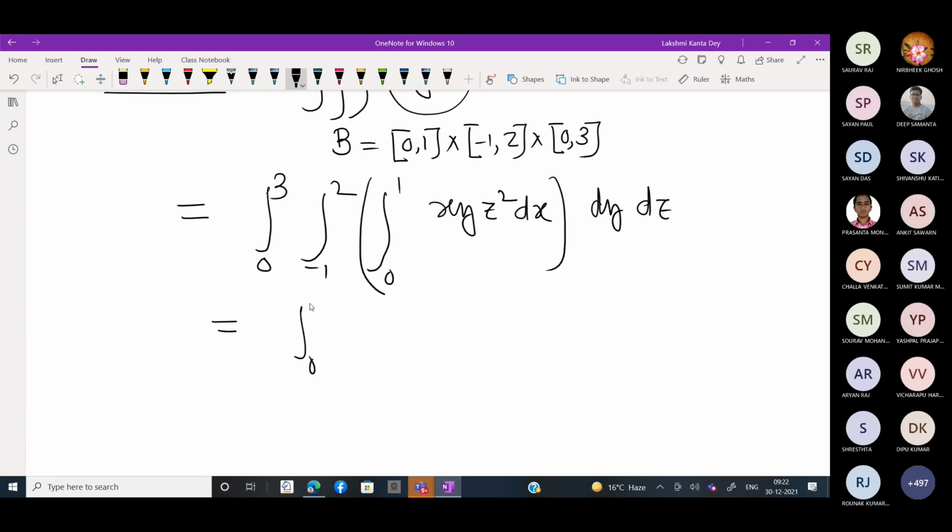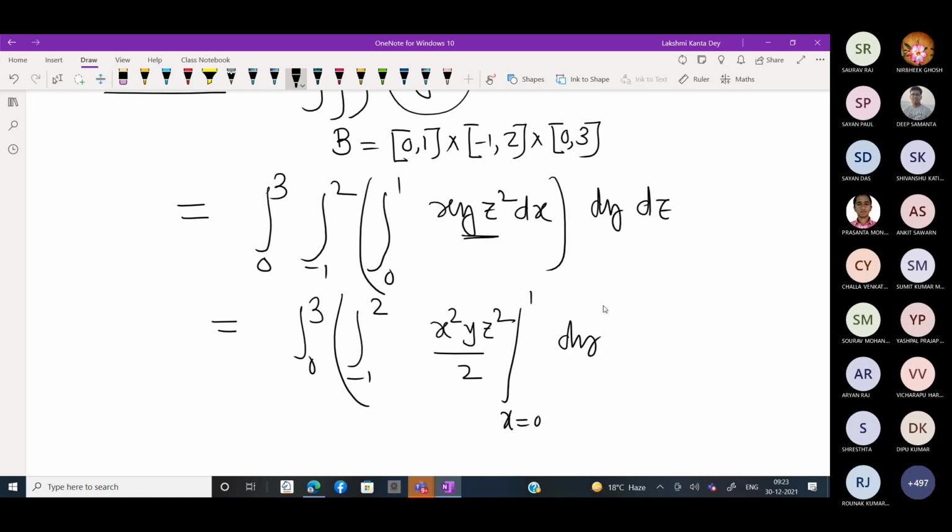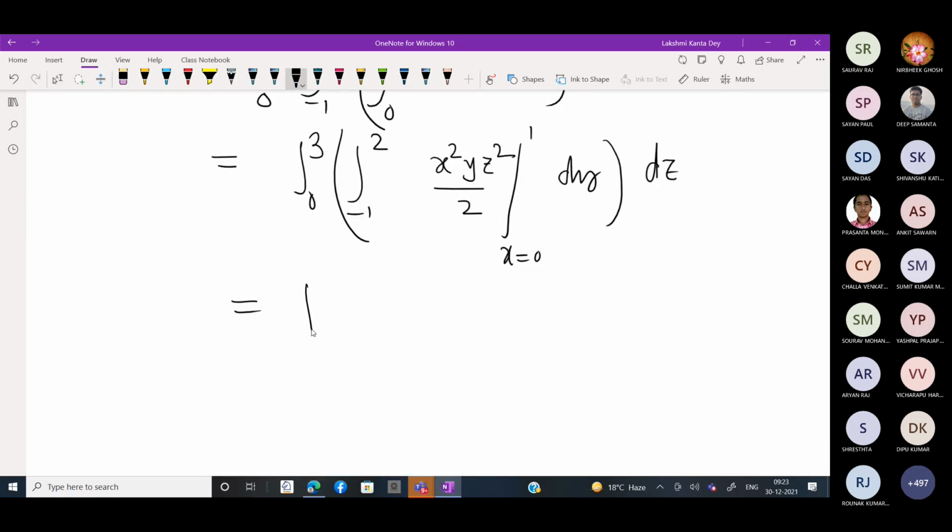So 0 to 3, minus 1 to 2. We integrate with respect to x, keeping y and z constant. That means it is x square y z square by 2, with limit for x from 0 to 1, then dy, then dz. I can give one step jump here, it's very easy.